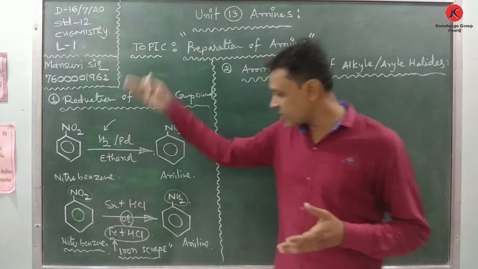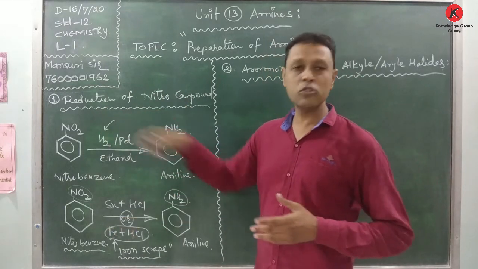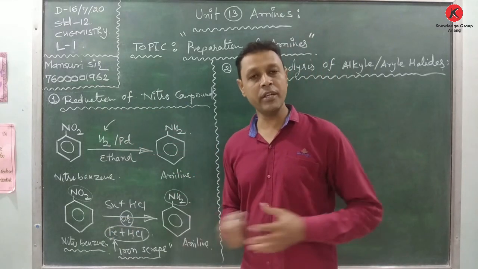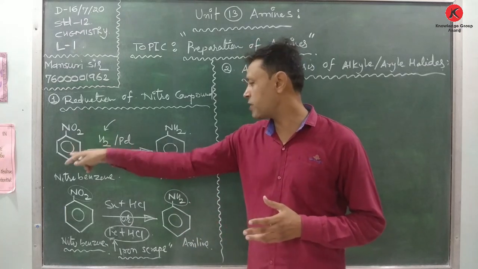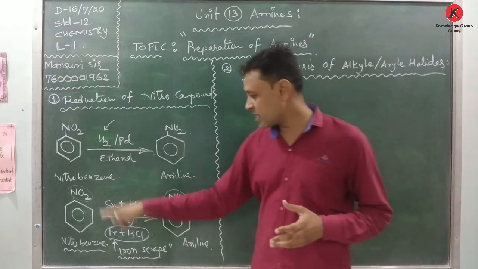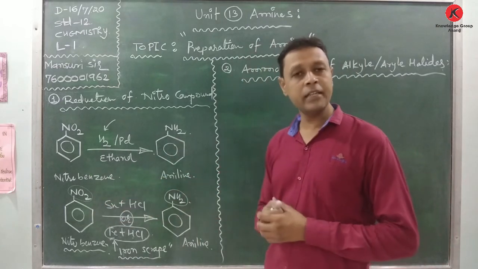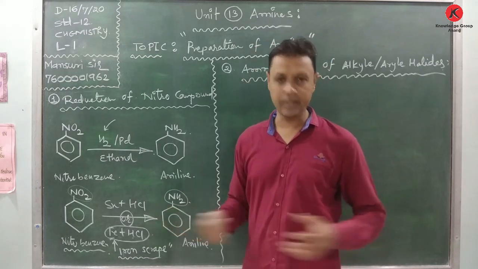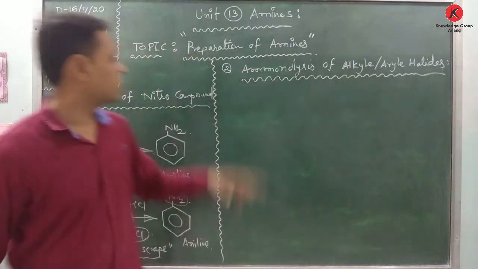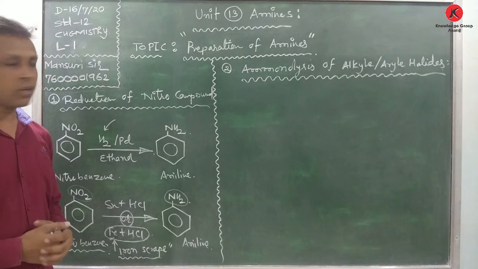So we can say that nitrobenzene gets reduced by passing hydrogen in presence of Ni/Pt/Pd and ethanol. We can obtain aniline, as well as nitrobenzene is reduced to aniline by using Sn plus HCl or Fe plus HCl.